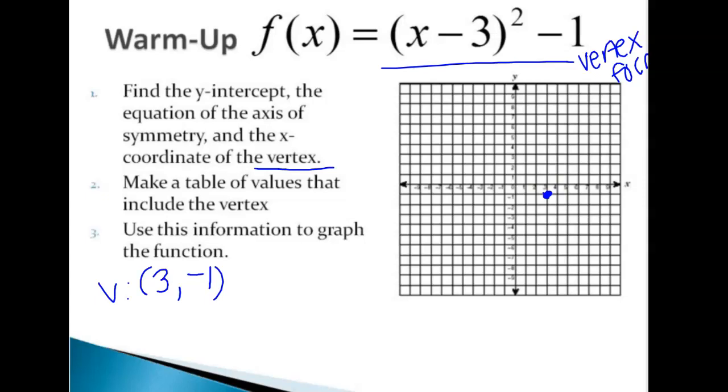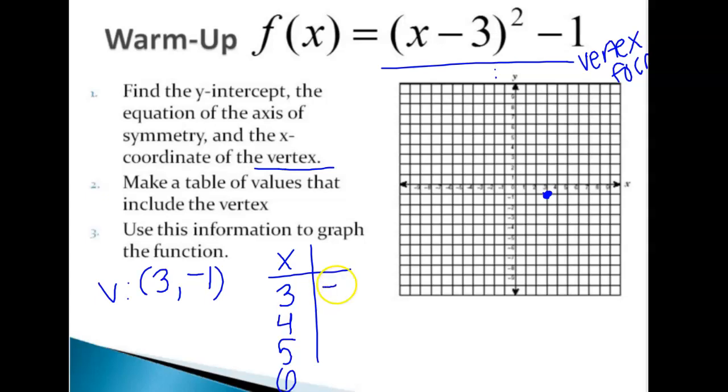My a value is 1, so what's really nice about an a value of 1 is that my y values are only going to be shifted based on the k. So my x's are shifted based on h. So instead of being at 0, we're at 3, 4, 5, and 6, because everything gets shifted right 3 units. And then the negative 1 takes all my normal points and shifts them down 1.